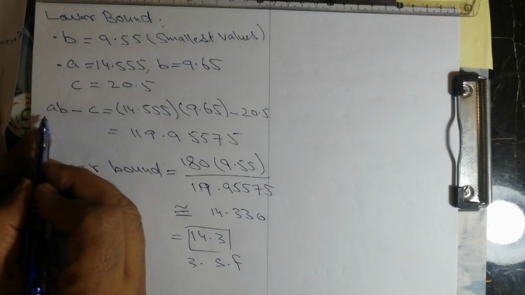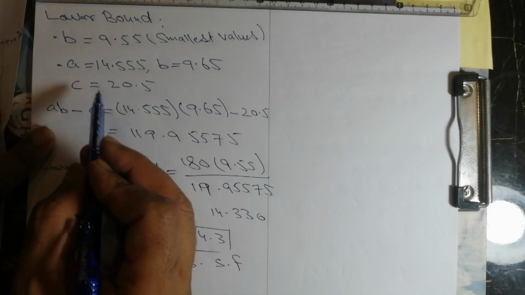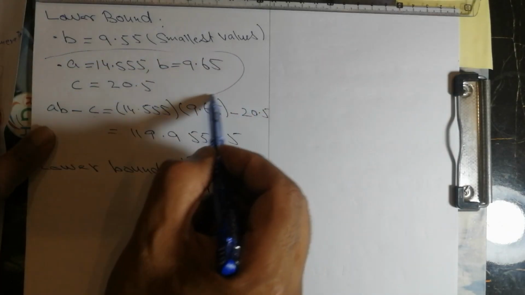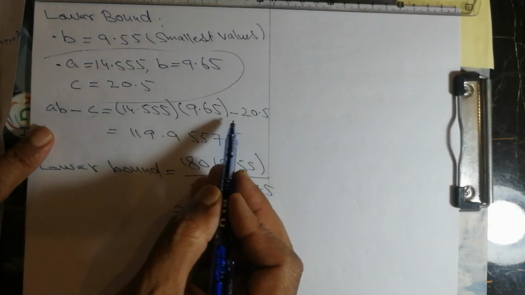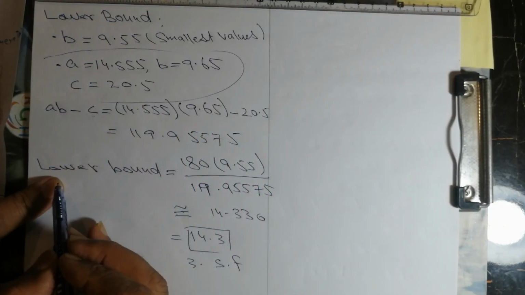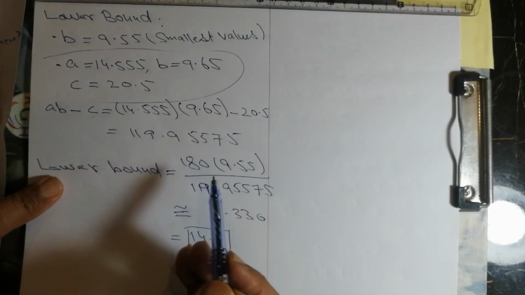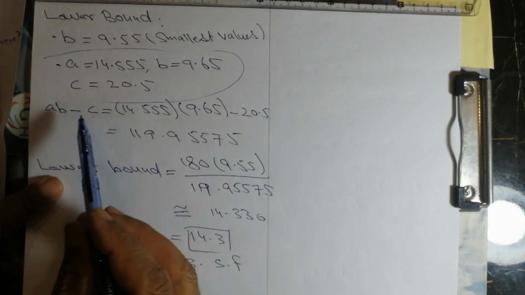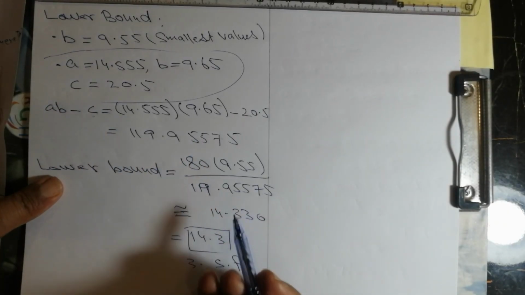In the expression, this is the denominator term, so we put the values here from this set. The expression was lower bound equal to, put the values here, and for the numerator this value, for the denominator we already calculated the value, which is this one.